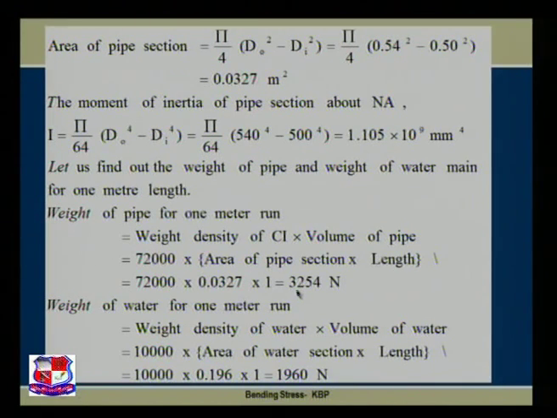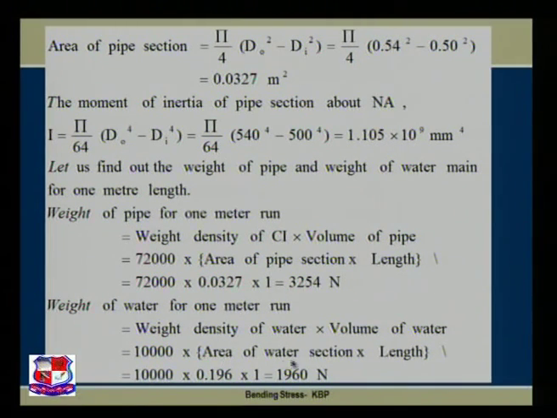Now, the weight of the water for 1 meter run in Newton is equal to the weight density of water multiplied by the volume of water. What is the weight density of water? It is given in the data, that is 10,000 Newton per meter cube, multiplied by the volume, that is nothing but the cross sectional area multiplied by length.